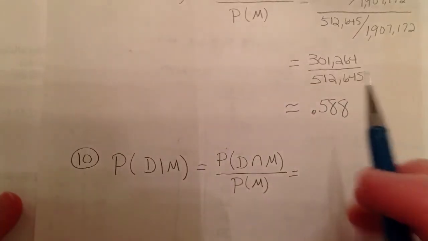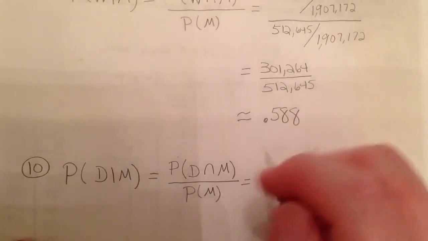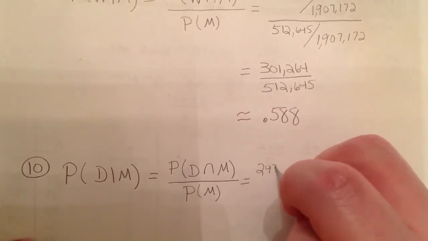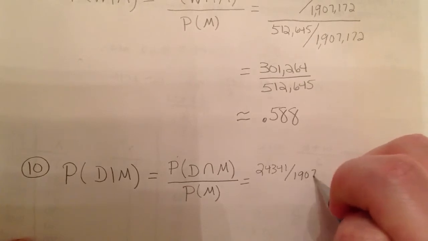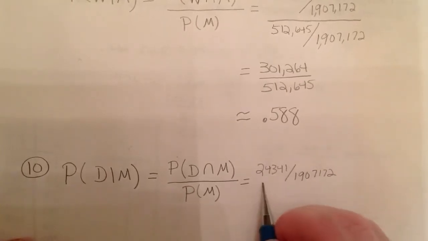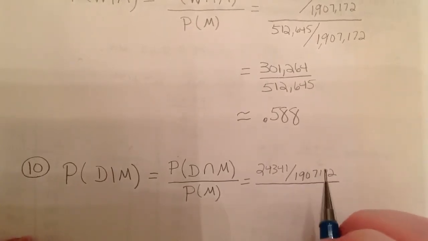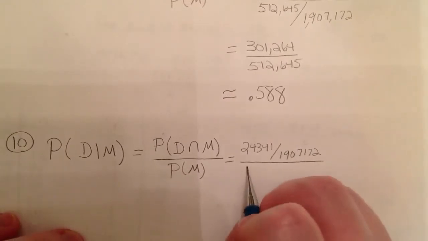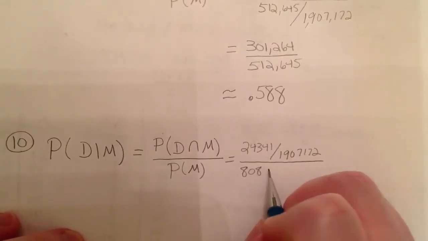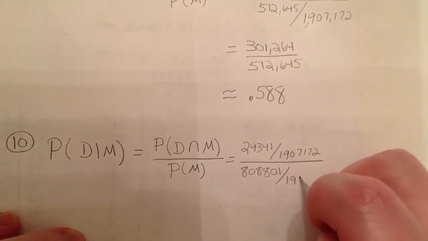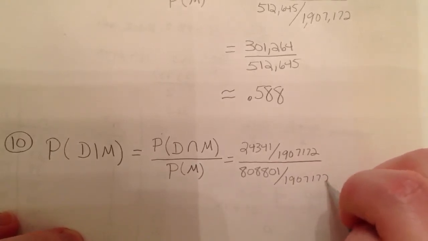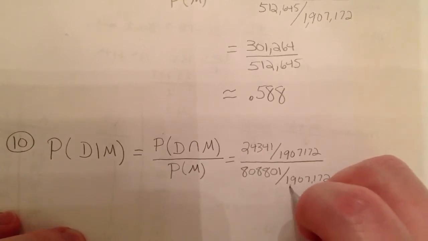Looking at the comparisons and the numbers, we have 24,341 out of 1,907,172. And again, the number of men, for the probability, you have 808,801 out of the 1.9 million plus in all.